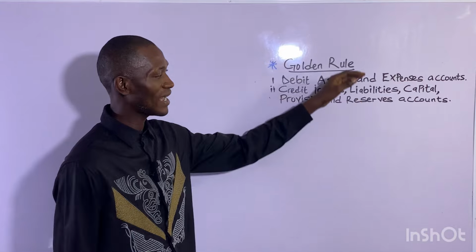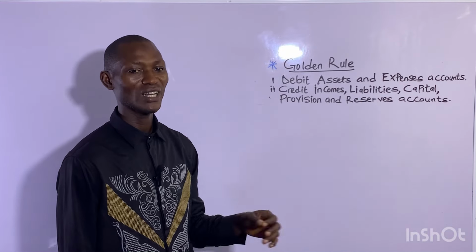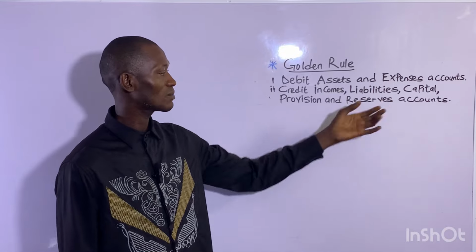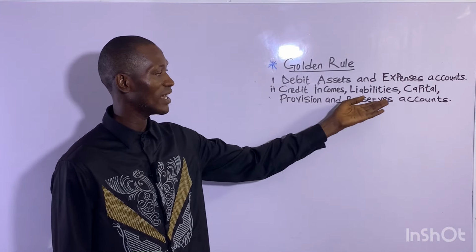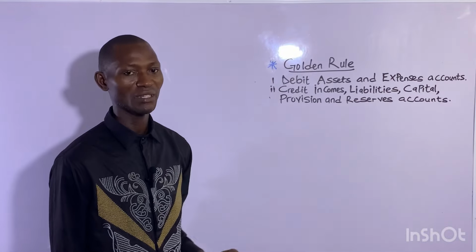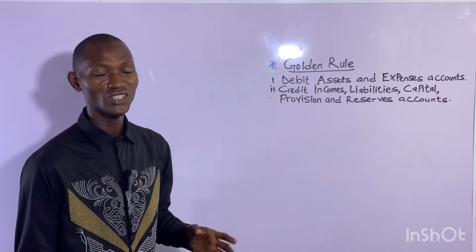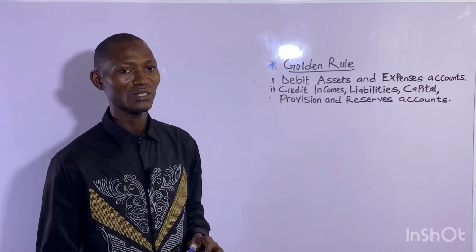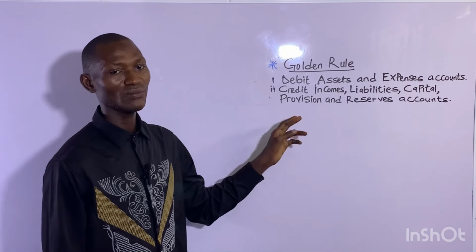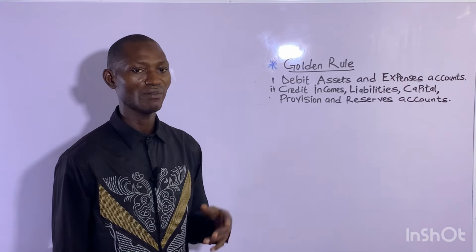So all these are items that you can find on a typical trial balance. Assets, expenses, incomes, liabilities, capital, provision, reserves. These are the items you can find on a trial balance. And generally, in financial accounting, all financial transactions must be classified in any of these 7 items which we have mentioned.